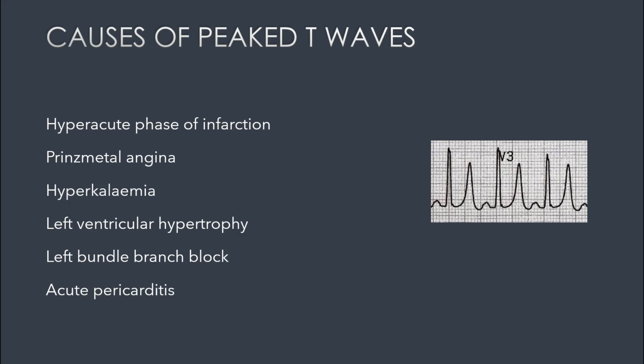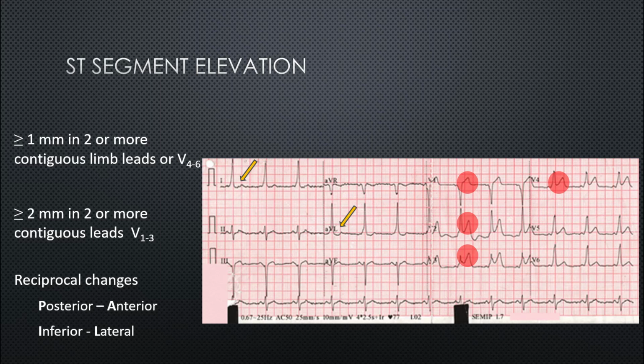In terms of ST segment elevation, let's remember that between 1/3 and 1/2 of people that suffer an acute myocardial infarction are going to be transmural or full thickness, which means between half or 2/3 of the people aren't going to see the classic changes that we associate with a STEMI.